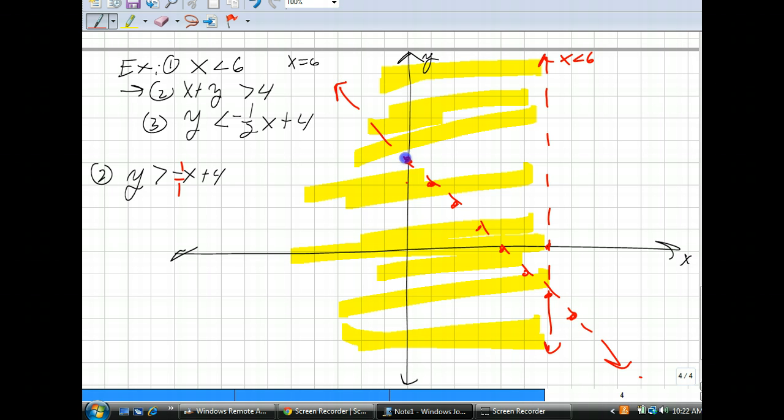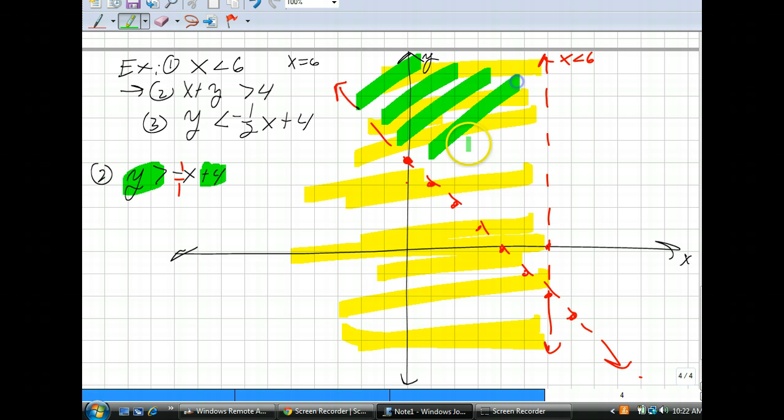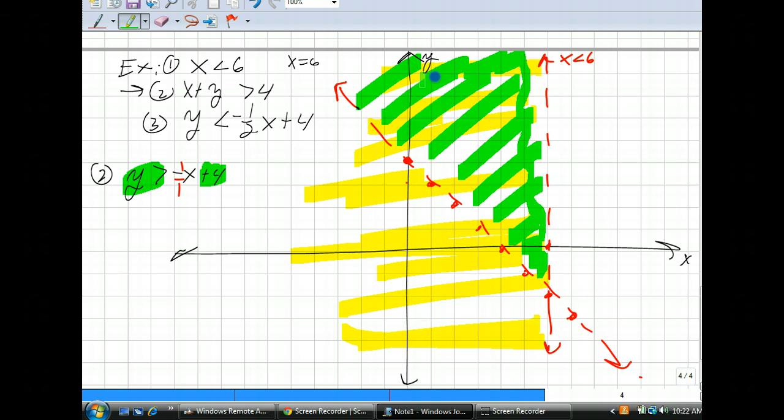And then I go to my y-intercept, and I say I want all the y's greater than 4. So I go to here. If I go up the y-axis, those are the numbers greater than 4, so that means I'm going to shade this side. Okay? Now, I'm only going to shade right here because that's where I already have yellow, and that's where I'm looking for. Then I go to the third inequality, and that one's already in graphing form.